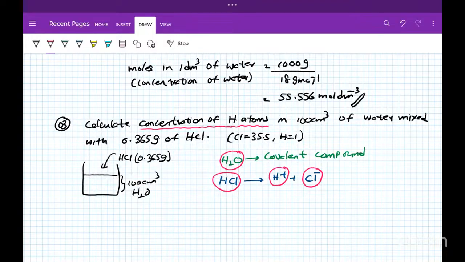H plus ions is H plus ions. It is an ion. So therefore, concentration of hydrogen atoms is 0 moles per cubic decimeter. There are no hydrogen atoms in the solution.